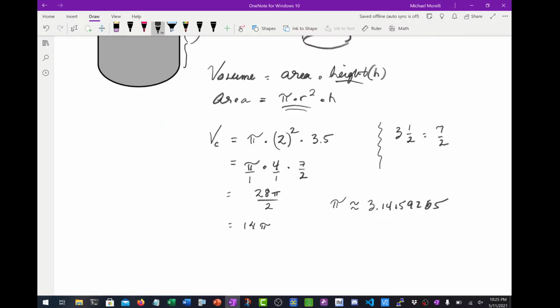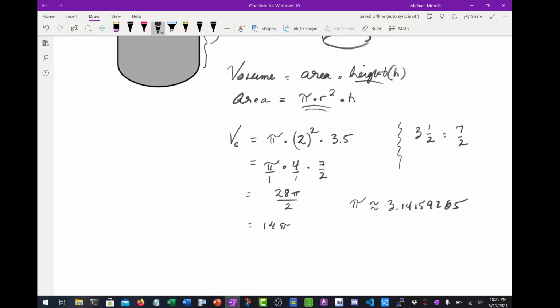So I'm assuming they just want us to use 3.14. And so we're going to say that 14 pi is approximately equal to 14 multiplied by 3.14. So we'll do 3.14 times 14.